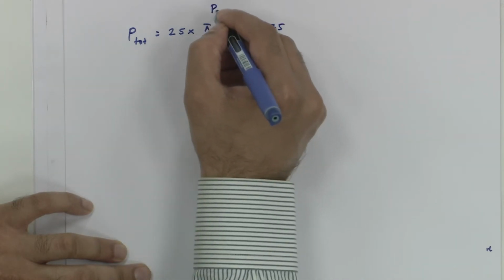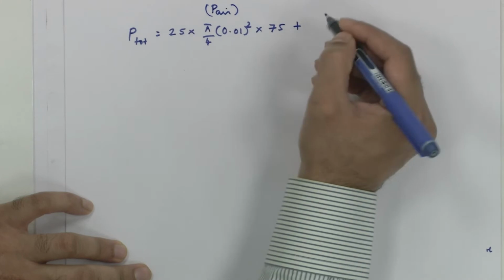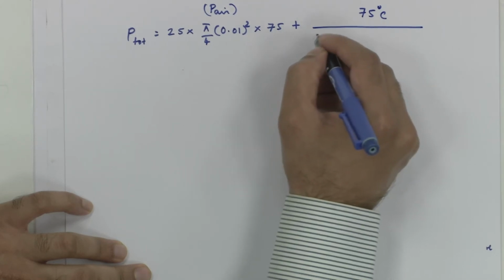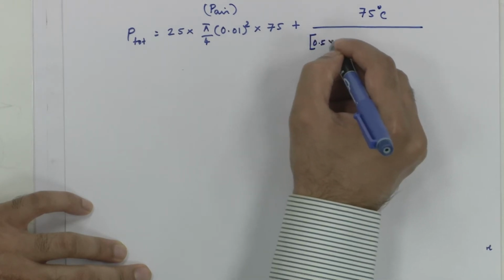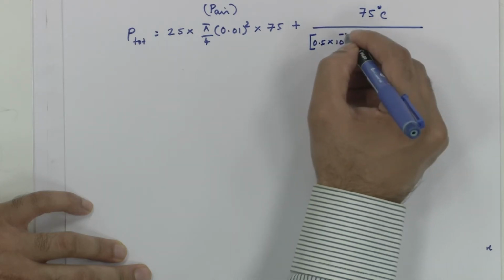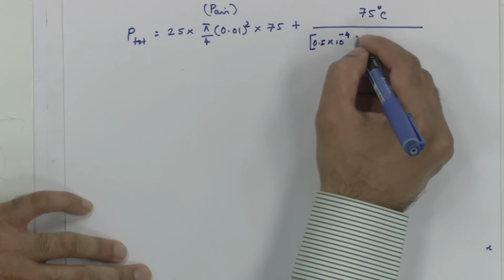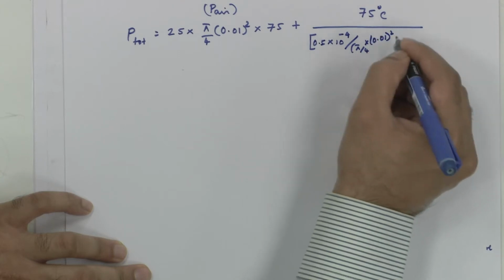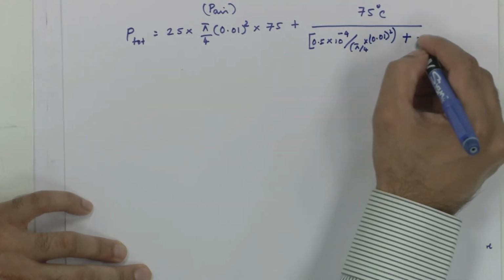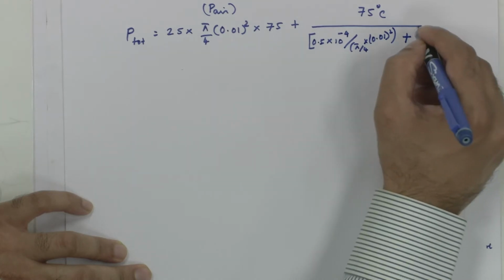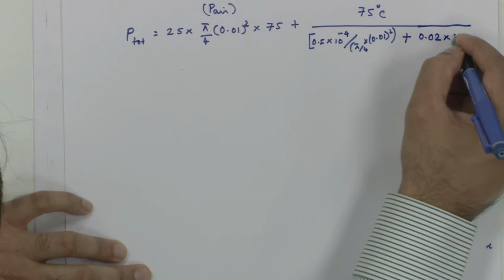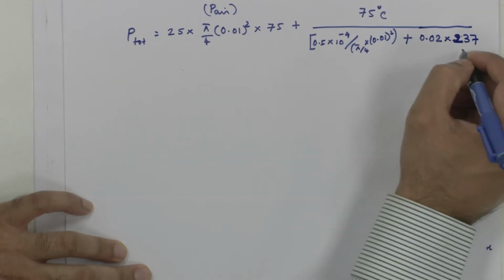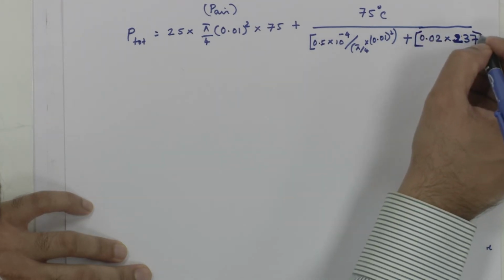This is the air's contribution, plus 75 degrees Celsius divided by, first we need to take into account the contact resistance from the epoxy, plus the 2D shape factor based analysis, and assuming thermal conductivity of aluminum to be 237.